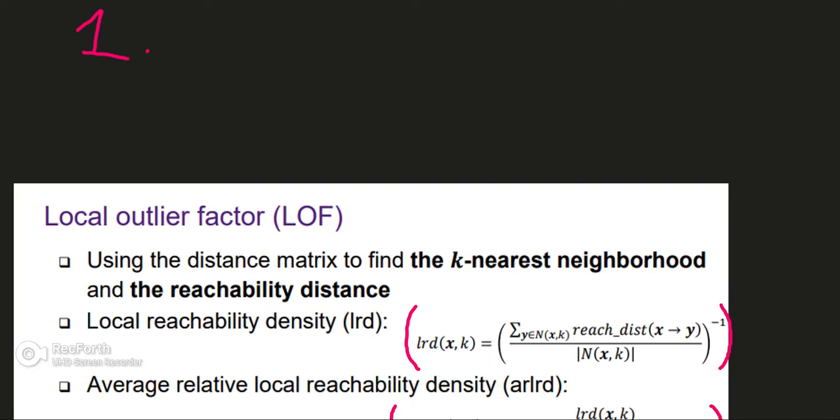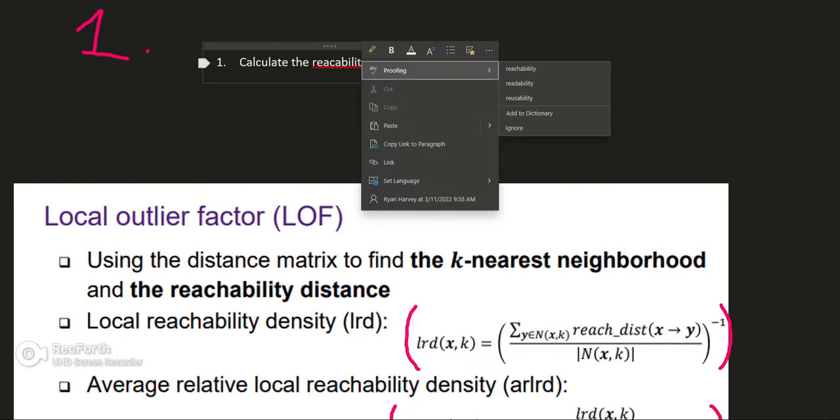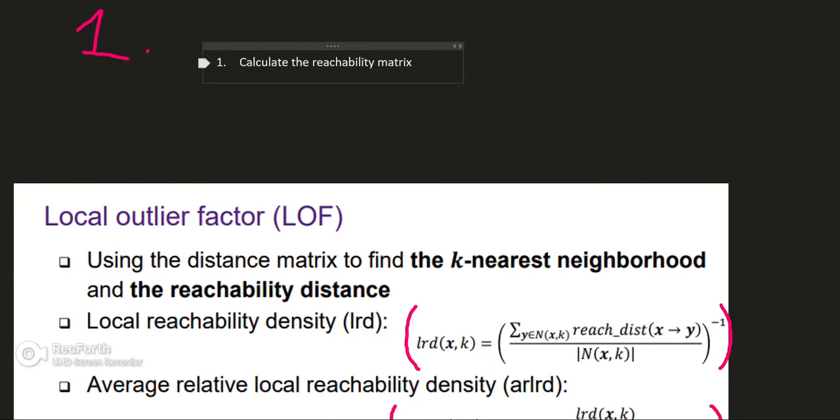I'm going to type because it probably makes more sense. Step one is just to calculate the reachability matrix, which is a really simple calculation, and I'll take you through an example of that.